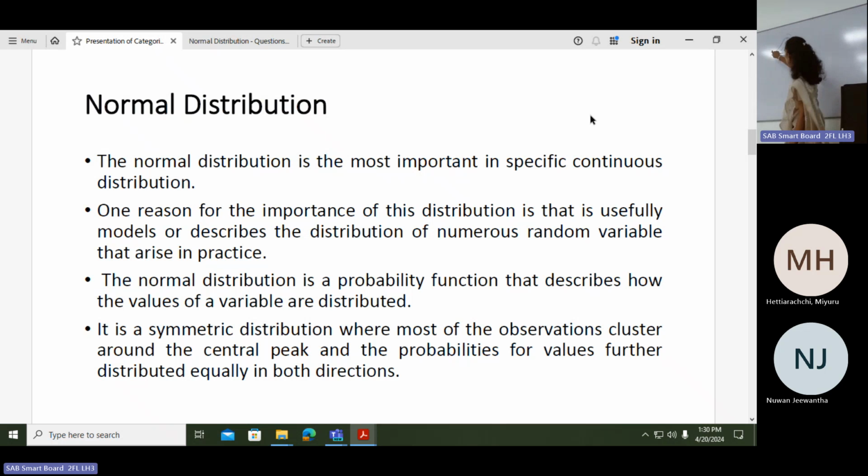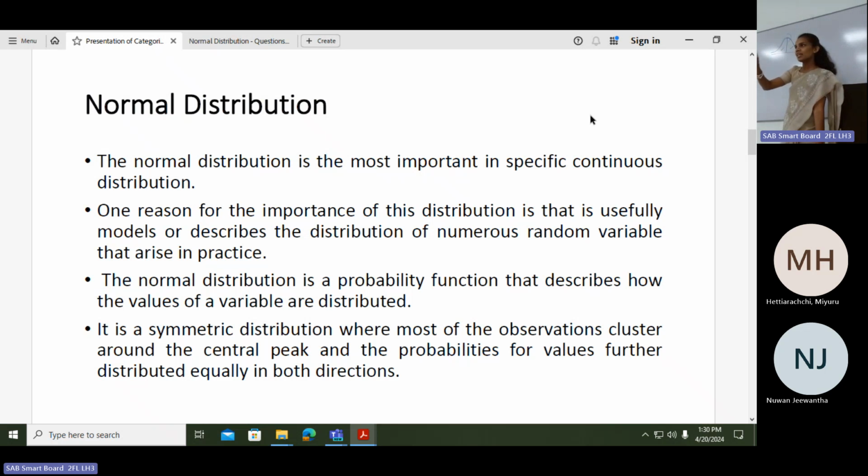Understood? Here is the curve. The area under this curve we call the total probability. What is the area under this curve? 1. Why?